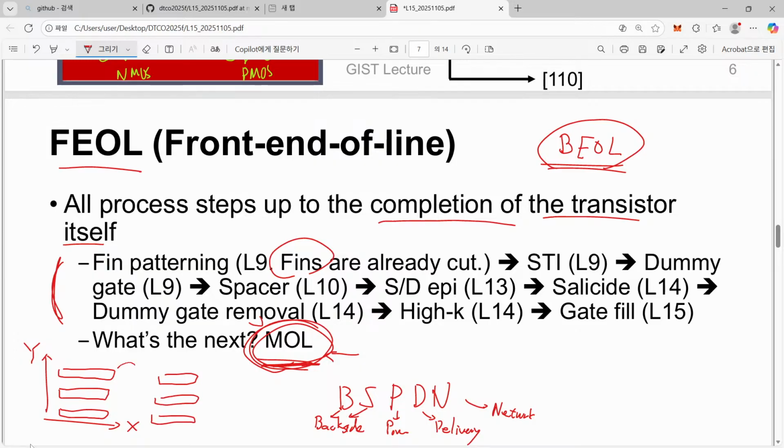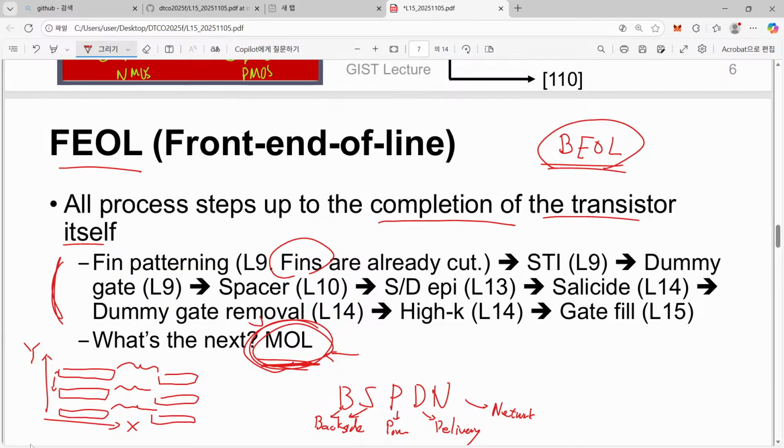This horizontal gap or cut line, that cut region is already made when we make a fin. However, along this Y direction, there is no cut right now. Everything is just uniformly spaced by, in our case, 27 nanometer pitch.